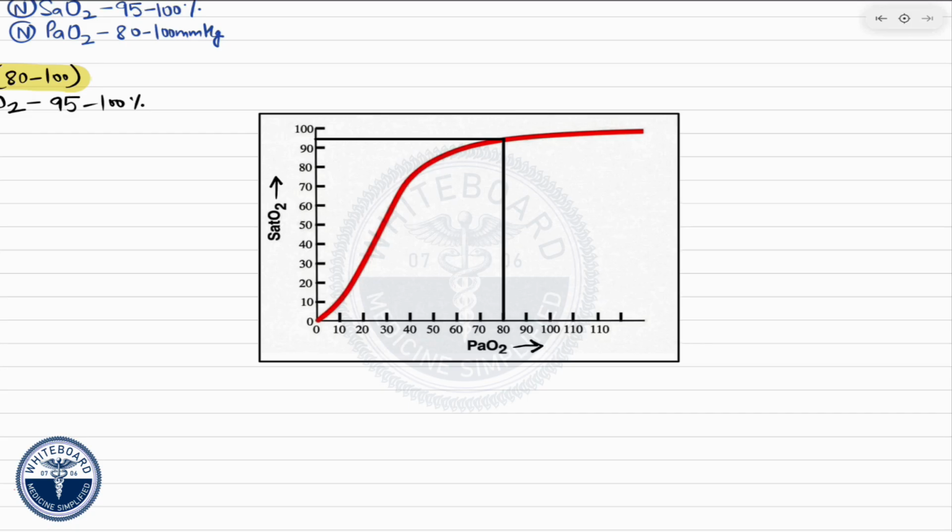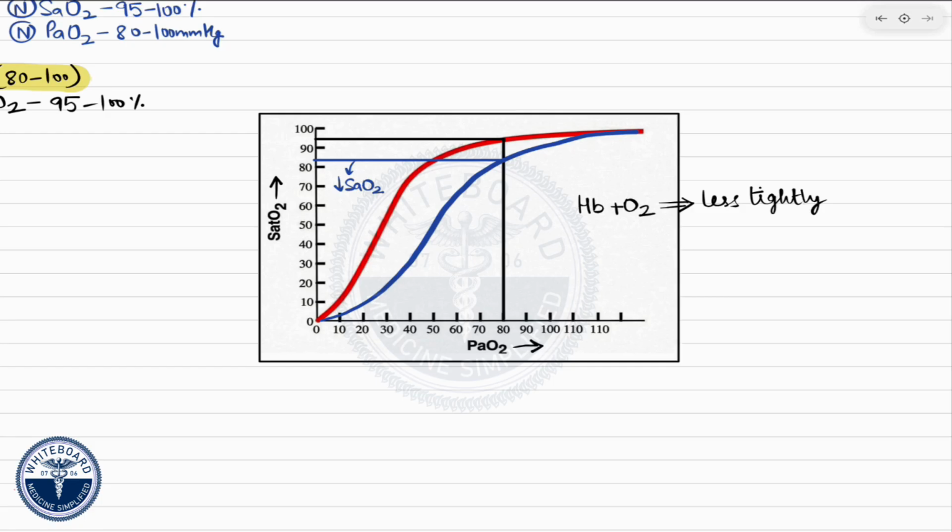But sometimes hemoglobin changes how strongly it holds oxygen, and this causes the whole curve to shift. If the curve shifts to the right, it means that for the same PaO₂, hemoglobin has a lower SaO₂ than before. In other words, hemoglobin is holding oxygen less tightly, so it releases oxygen more easily to the tissues.